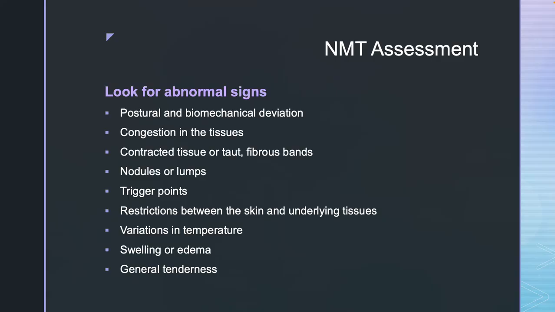Nodules or lumps. So this could be muscular, or this could also be like a tumor or a fatty cyst or something like that. Cysts can also affect the body. So anytime there's some kind of foreign object, we'll call it, or tissue that's not supposed to be there, it's going to affect how the muscles and the ligaments and the structure around it glide.